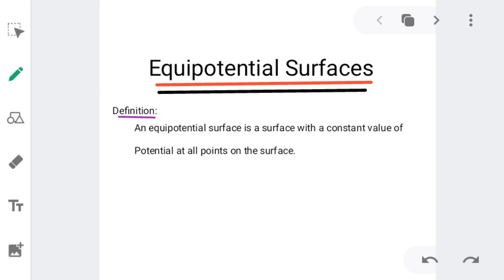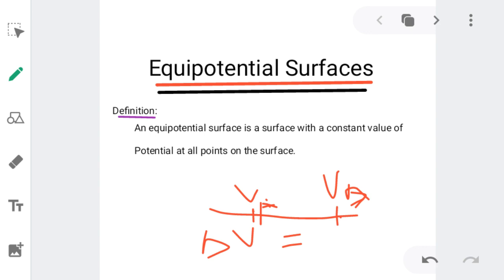It means that if the potential on the same surface is taken, suppose we are taking a surface, and here at this point it is VA and here it is VB, then delta V equal to VB minus VA will be equal to 0.